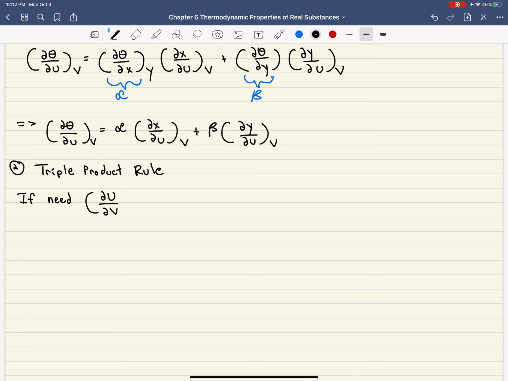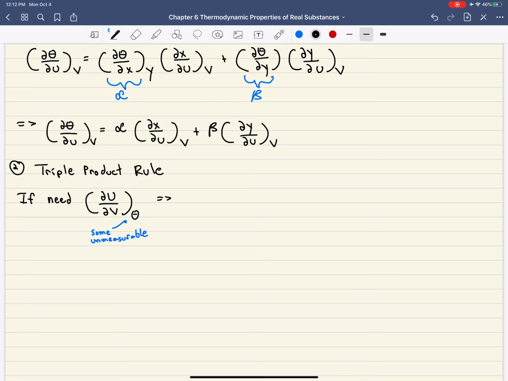Let's say you had a partial derivative in this form where, for instance, theta is some unmeasurable property, like enthalpy, internal energy, or entropy.